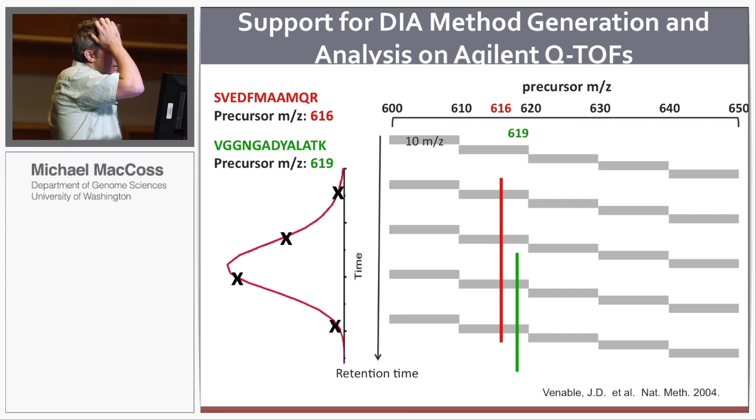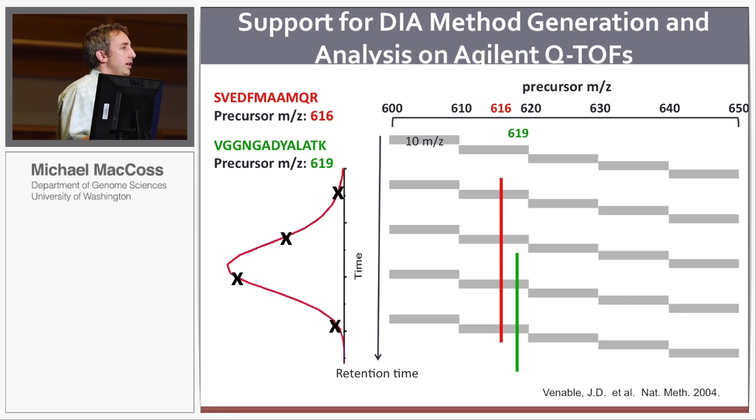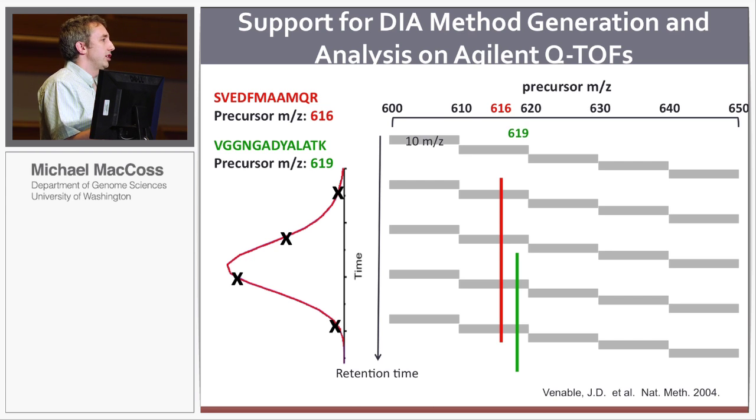The other thing is that there's been a lot of hype, of course, with data-independent acquisition recently, and most people don't realize that Skyline supports data-independent acquisition across all vendors. It doesn't matter what platform you're using, but we spent a lot of time making sure all this worked for Agilent QTOFs.